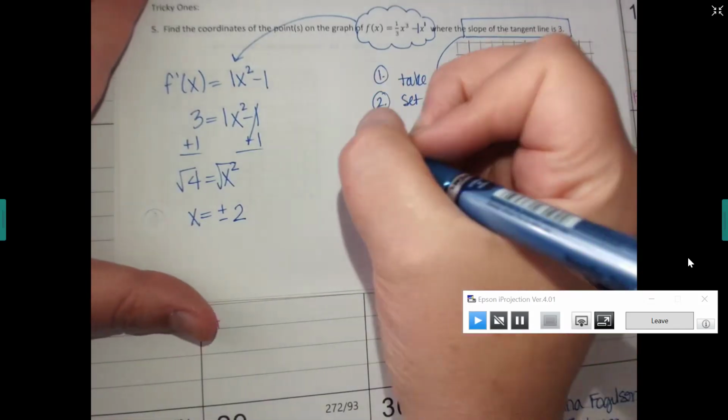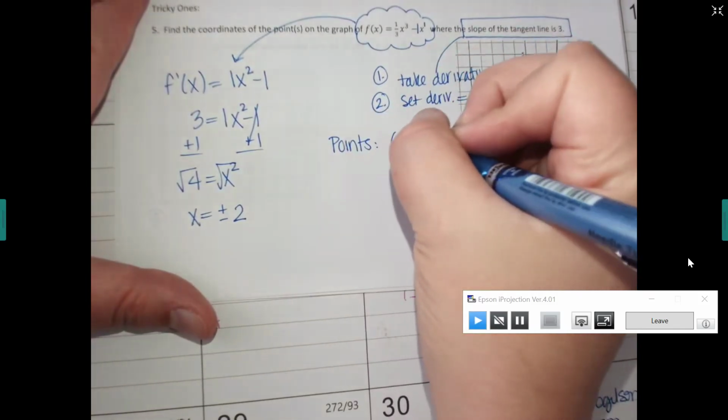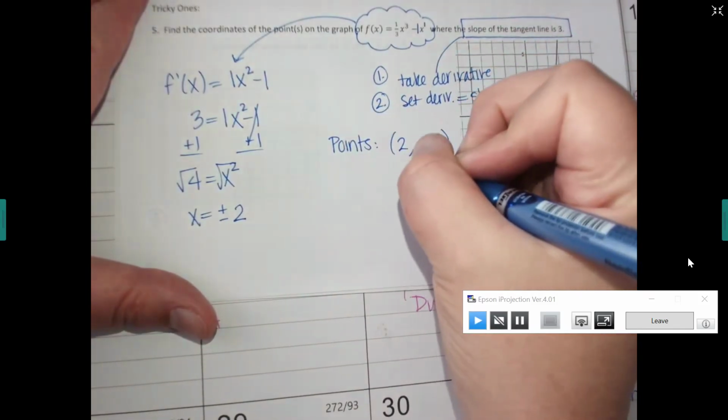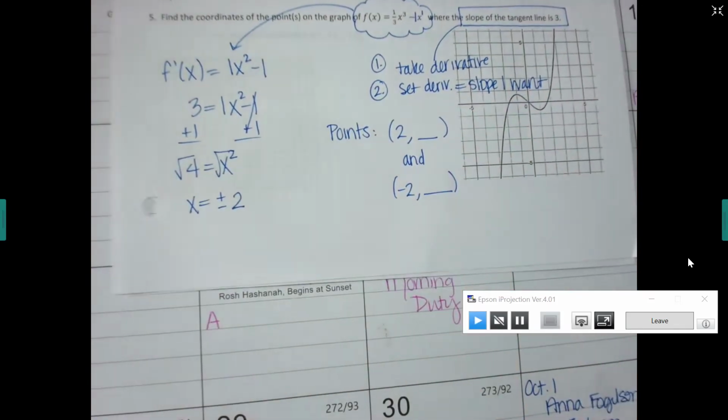So I know that I'm going to have 2 comma something and -2 comma something. But where will I get the y values that go with those x values? What will I plug into? Not the derivative, but the original equations. Okay, remember, y values come from the original, slope comes from the derivative.